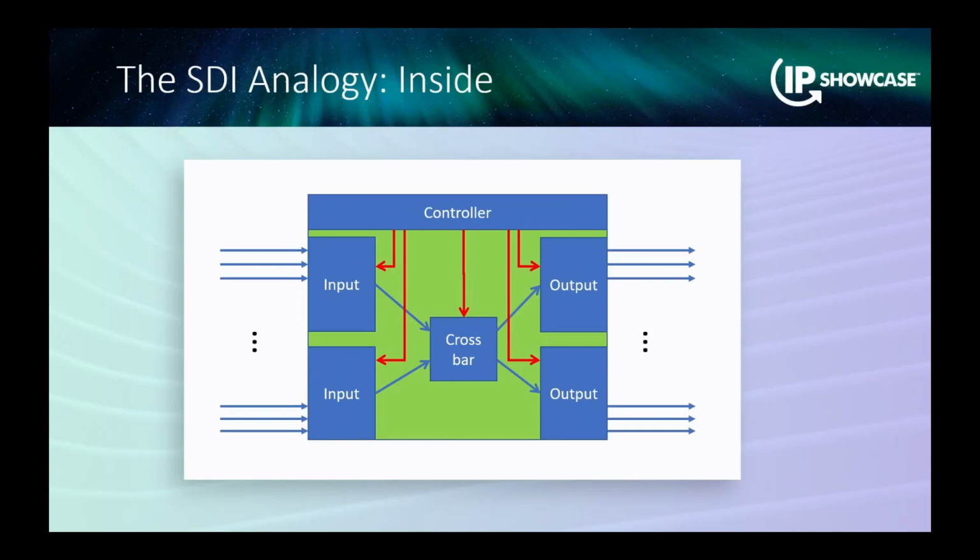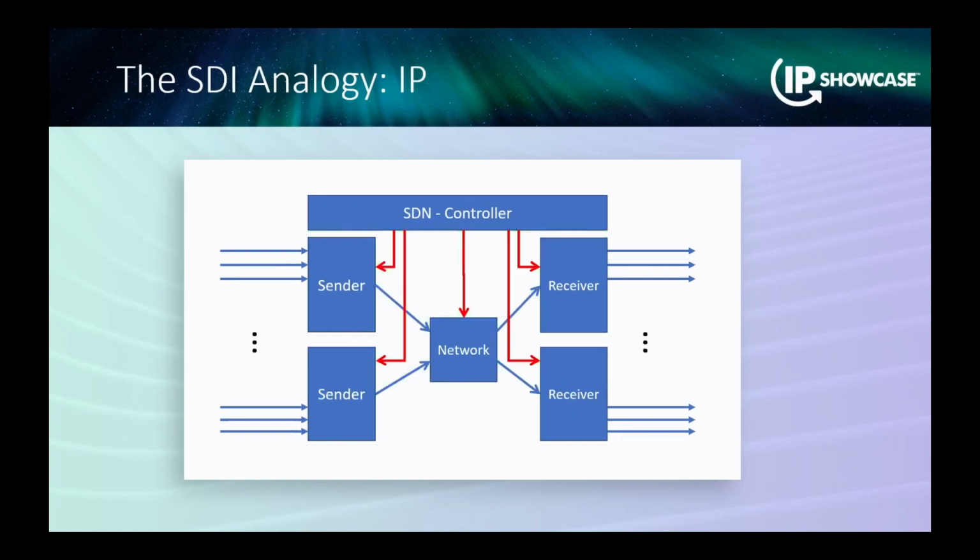And you have a controller, which controls everything that goes on inside the SDI router. And what we're doing in the IP systems, we're taking this apart, and with that, we create much more flexibility, because you don't have to have your input and output stage in the same box, but you can move them around. And the network is just the crossbar.